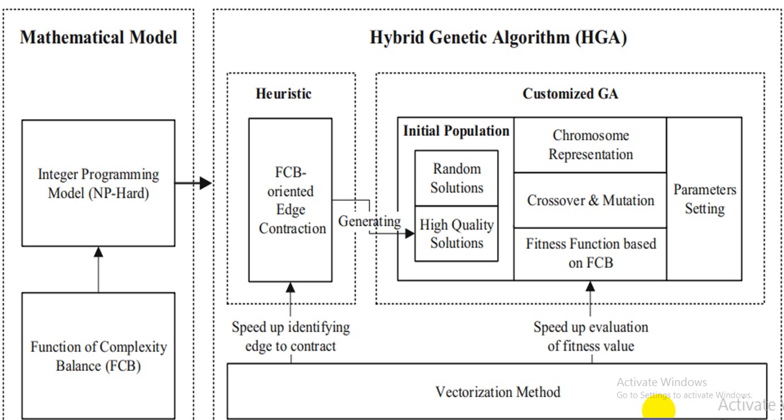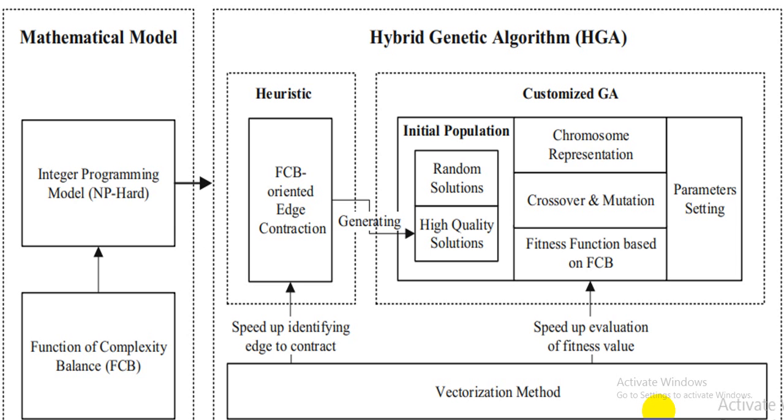The hybrid genetic algorithm also has two sections: a heuristic approach and a customized genetic algorithm. The customized genetic algorithm works based on an initial population, which is chosen randomly. Based on this initial population, parents are chosen using the fitness function based on FCP.